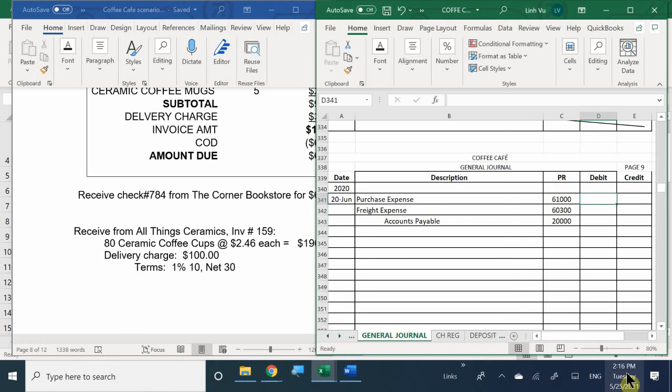You'll have a debit for 196.80, and then for freight expense a debit of 100, for a total on the right of 296.80. Excellent. And then I put a note here because I have my information, All Things Ceramic, invoice number 159. And then I put the terms 1%, 10 net 30.